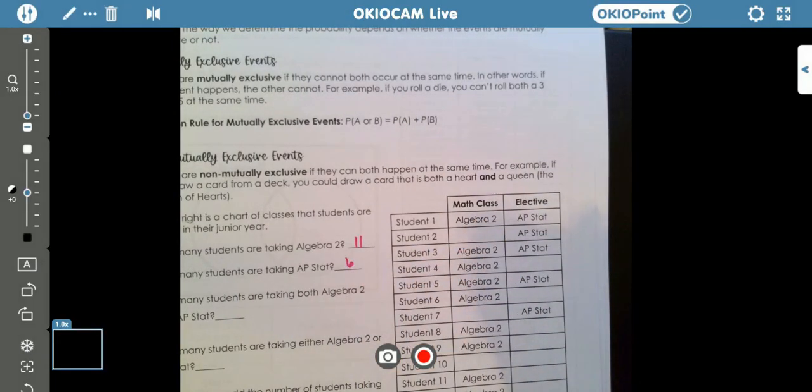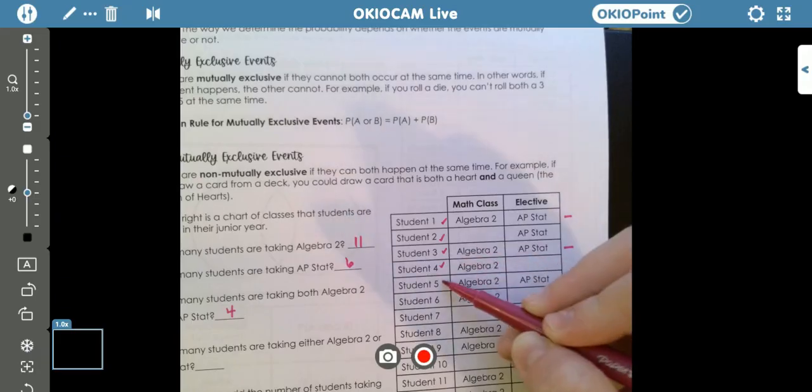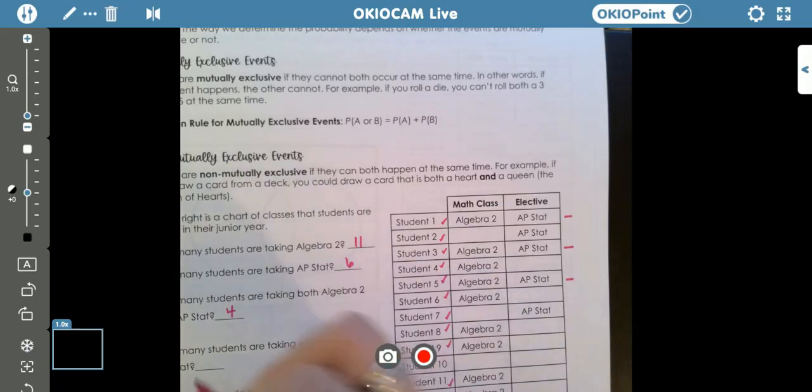How many students are taking both Algebra 2 and AP Stats? 1, 2, 3, 4. All right. How many students are taking either Algebra 2 or AP Stats? So that's 1, 2, 3, 4, 5, 6, 7, 8, 9, 10, 11, 12, 13.